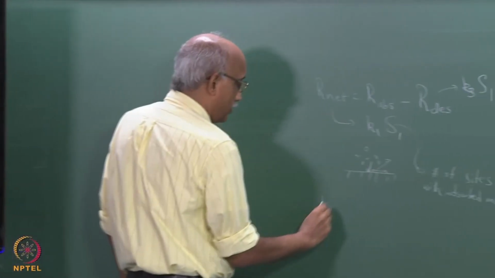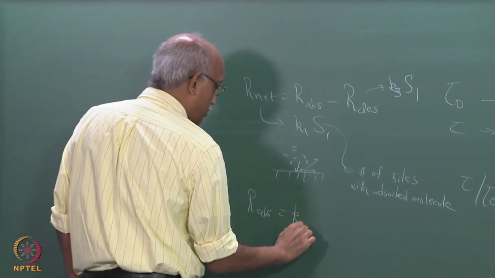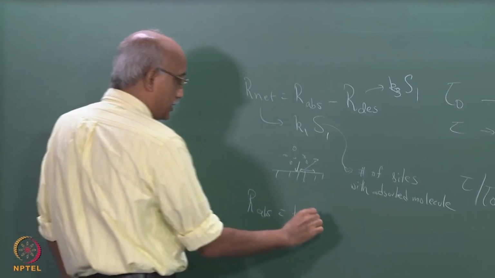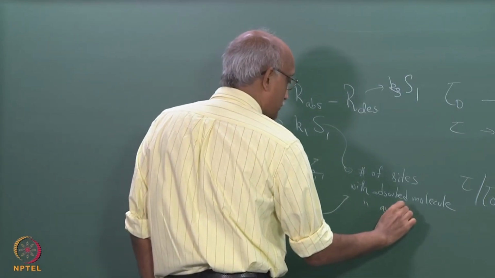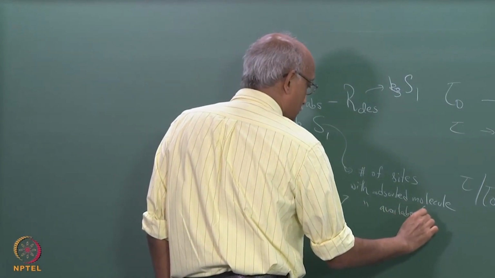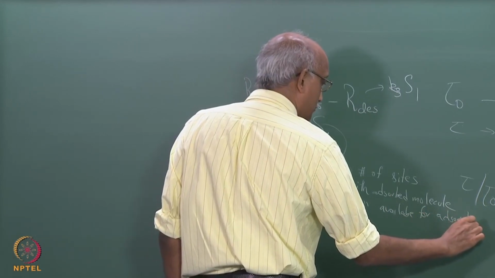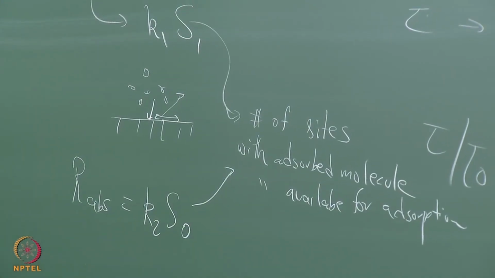This one, the R absorption, you can write as some K2 times S0, where S0 is the number of sites that are available for adsorption, but it also depends on two other parameters.